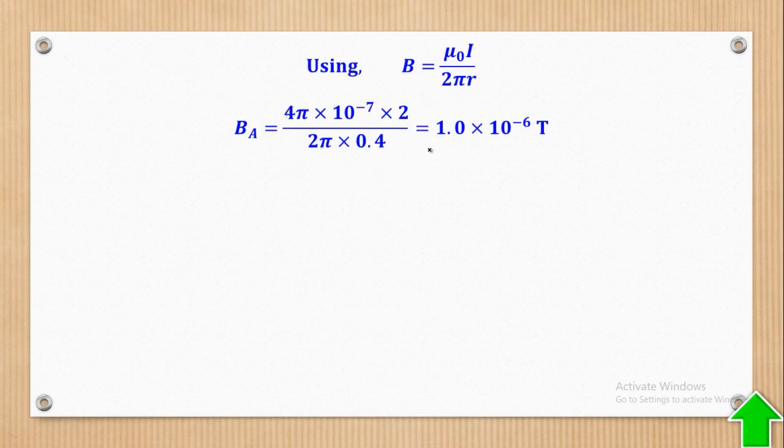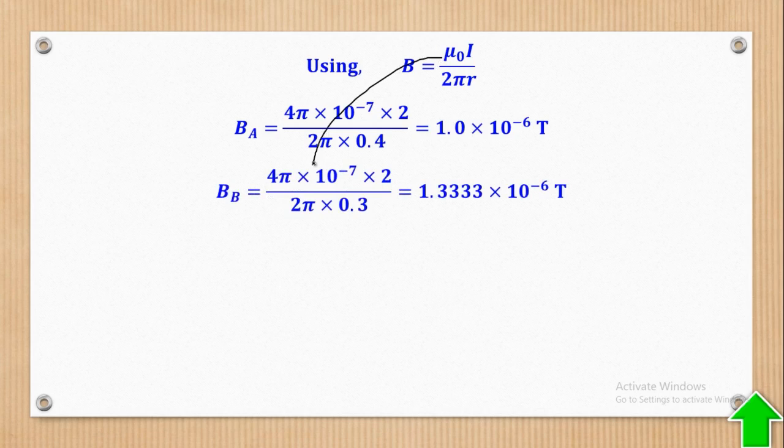When I use a calculator, I'll come up with this, so it is advisable to leave your answer in scientific form to avoid the too many zeros. Then you shall also get BB, so you'll substitute constant, current, 2 pi, and the distance, which is 0.3. So in that case, I'll come up with 1.3333 exponent negative 6 Tesla.